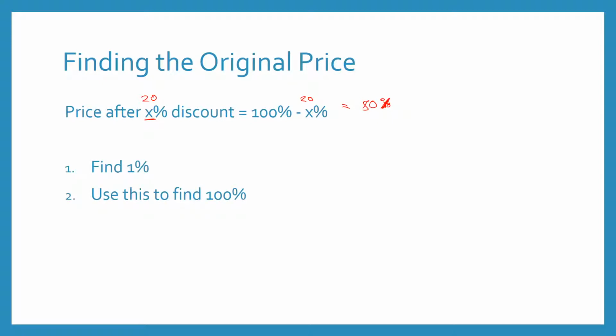The way that we would find our original price would be to take the price that we have now and divide it so that we can work out what 1% equals. So in this case, we'd divide it by 80 and we'd get 1%. And then we could use that to find 100%. So we'd times that number by 100 and that would give us the original 100%.